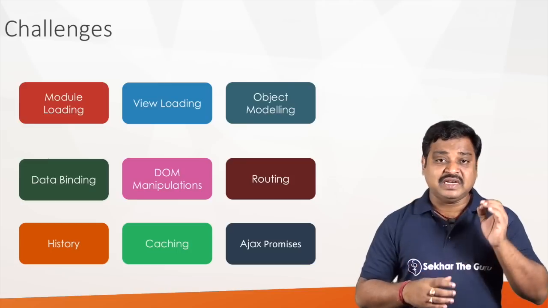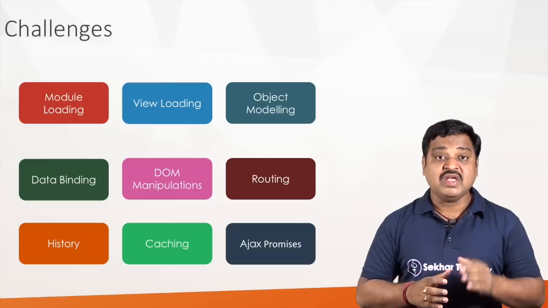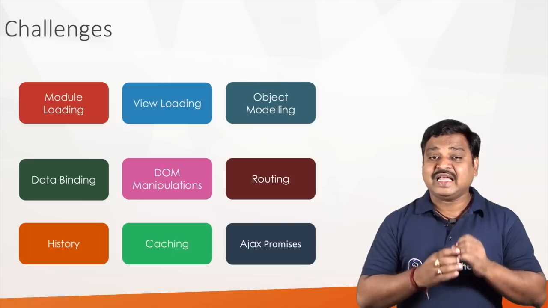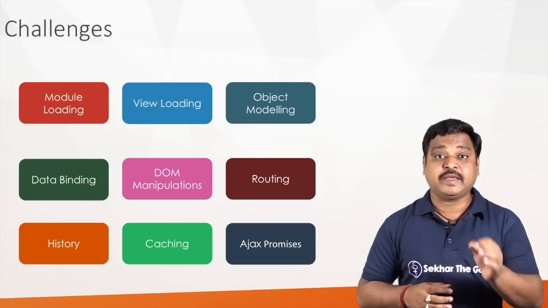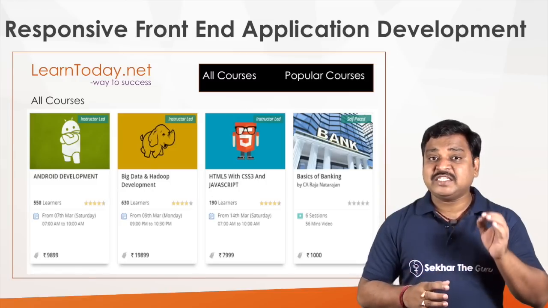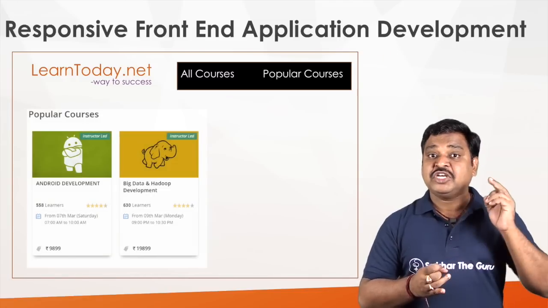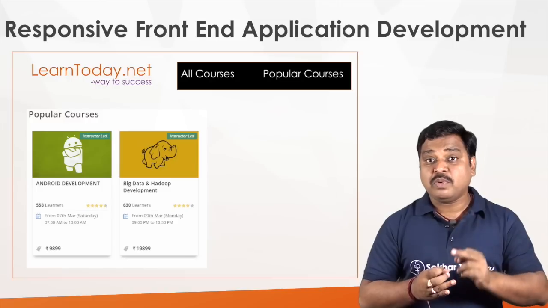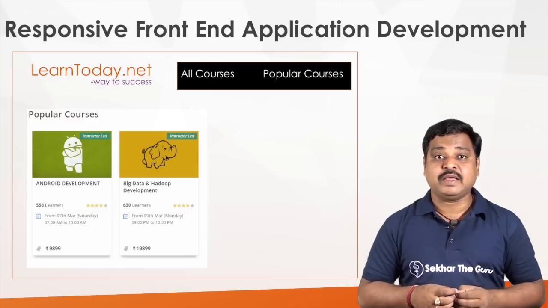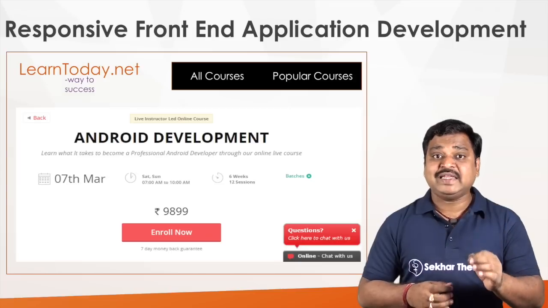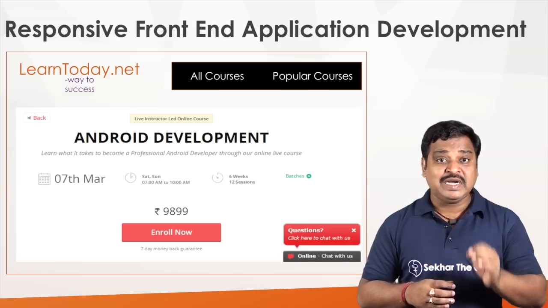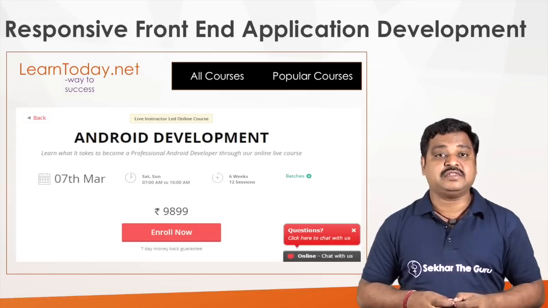If you have observed the LearnToday.net sample, we can notice that the header and footer sections are the same, but the home page displays the entire courses. The popular courses page displays only the popular courses present within the library. And the course details page displays only the selected course details.